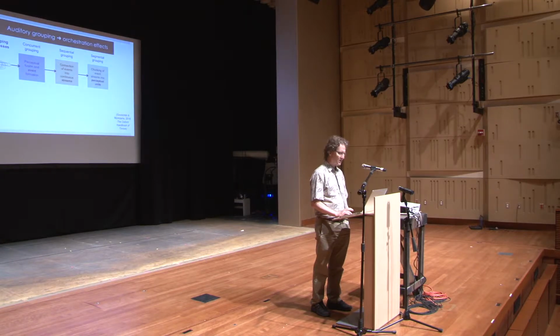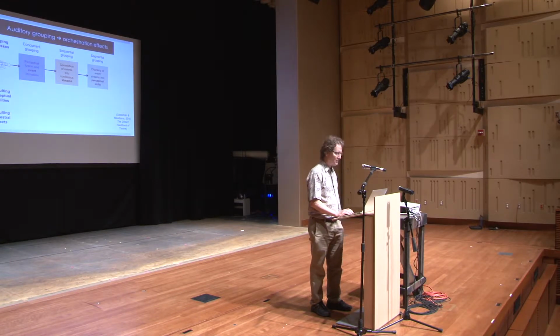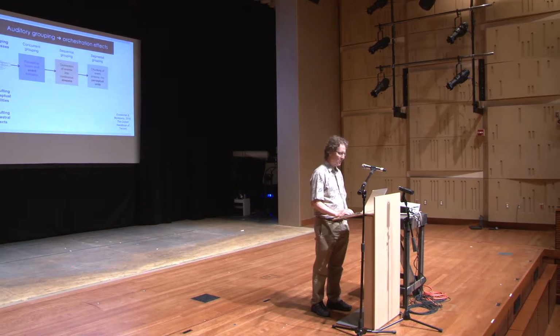Now, according to Al Bregman's notion that perceptual qualities are computed on the results of grouping processes, what might the perceptual qualities and corresponding orchestrational effects be in these cases? So we know that timbre, pitch, dynamics, spatial position and duration even emerge from perceptual fusion of acoustical components into a single auditory event.